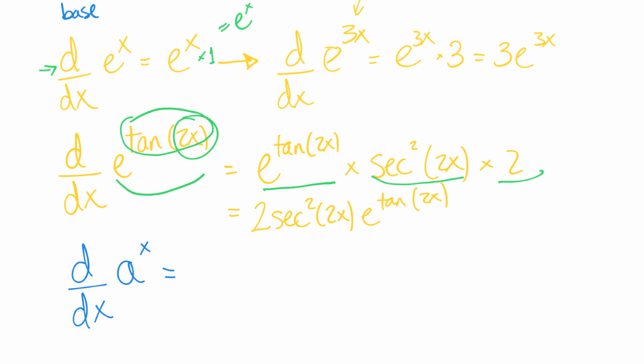This is going to be, again, you have the exponential function, but this time you're going to times it by the natural logarithm of the base. Okay? And if you think about it, this makes sense because natural logarithm of e is 1.